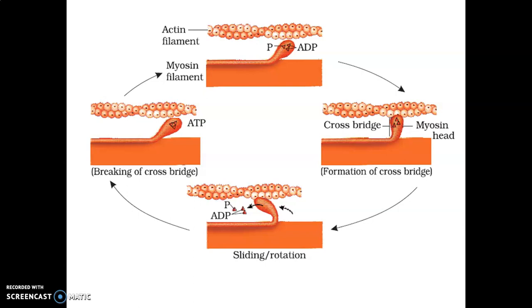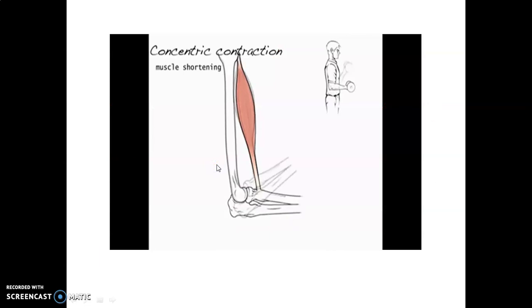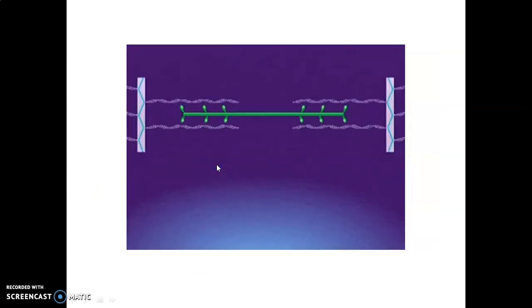A neural signal reaching this junction releases a neurotransmitter, that is acetylcholine, which generates an action potential in the sarcolemma. So what happened? This spreads through the muscle fiber and causes the release of calcium ions. You observe this one, children.